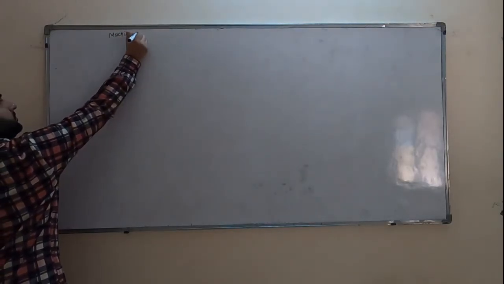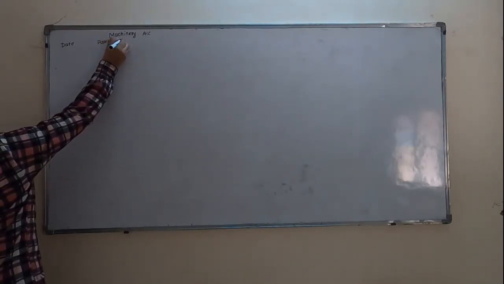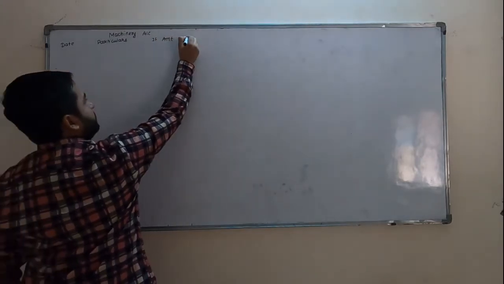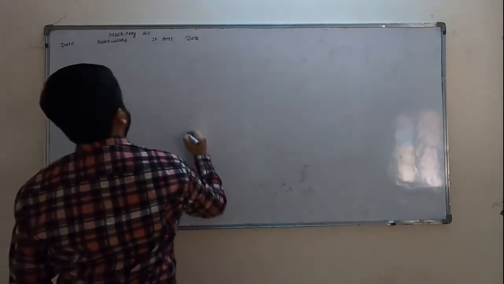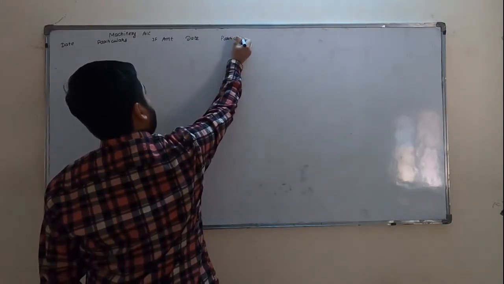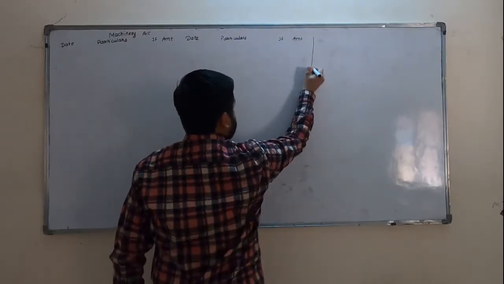So we have to look only at the machinery. So machinery account, date, particulars, JF, amount, date, particulars, JF, amount.